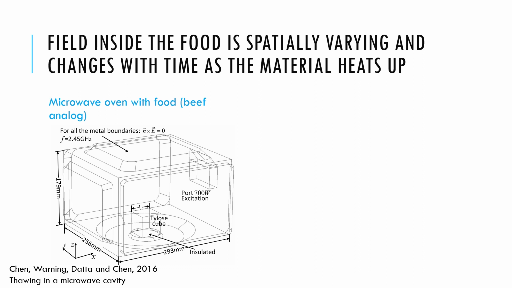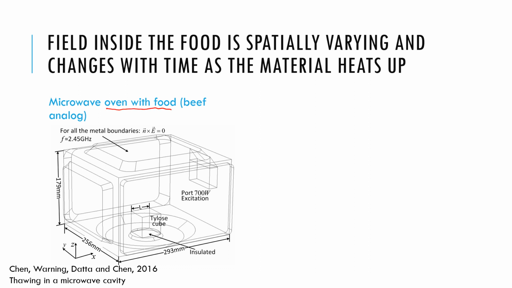I showed that the field inside the food was non-uniform in the previous slide. Now I want to show that it's not just non-uniform inside the food, but it also changes with time. And I want to show that using this one electromagnetic simulation of a microwave oven with food.